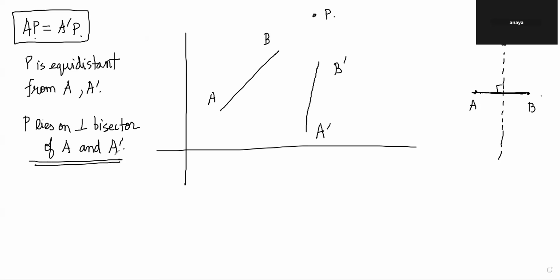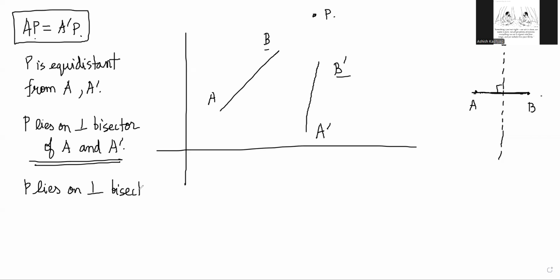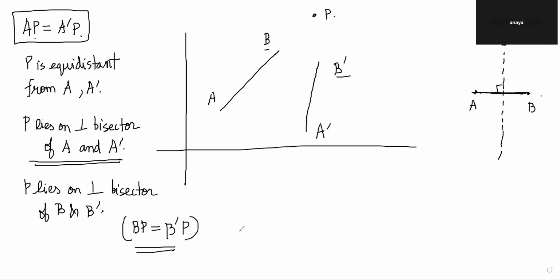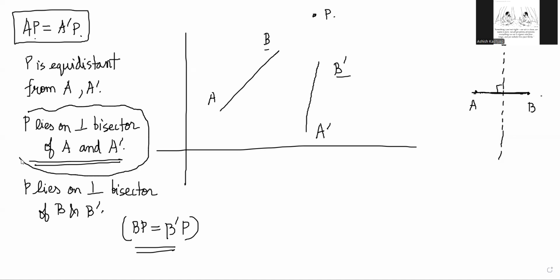Similarly, because B and B dash are also equidistant, P lies on the perpendicular bisector of B and B dash, because BP is equal to B dash P also. So if you can figure out the perpendicular bisector here and the perpendicular bisector here, P is the point of intersection of those two lines, right?